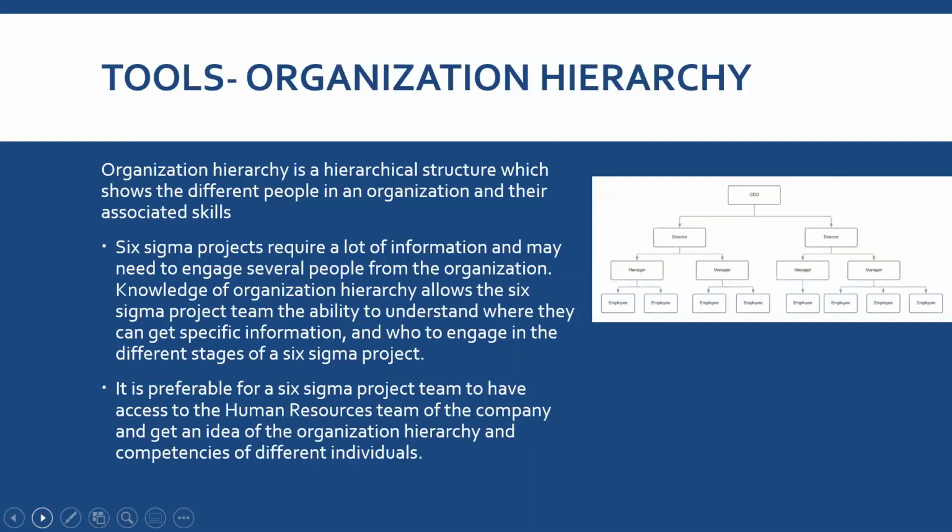It is preferable for a Six Sigma project team to have access to the human resources team of the company and get an idea of their organization structure and organization hierarchy and competencies of the different individuals.